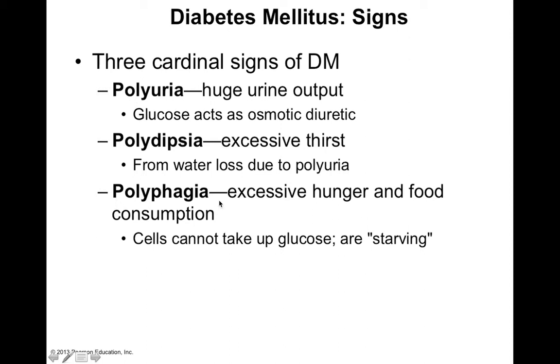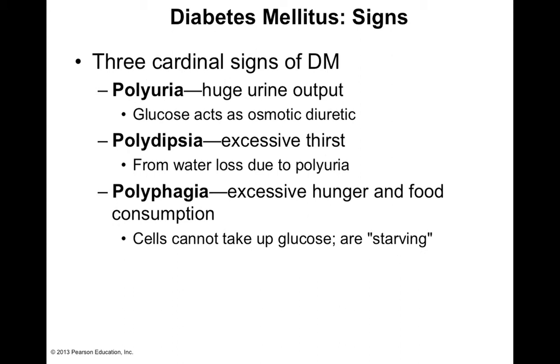Now, one of the other symptoms of diabetes mellitus is polyphagia, or excessive hunger and food consumption. The reason why polyphagia comes about is that cells throughout your body, if they cannot get glucose into the cell, will effectively be starving.